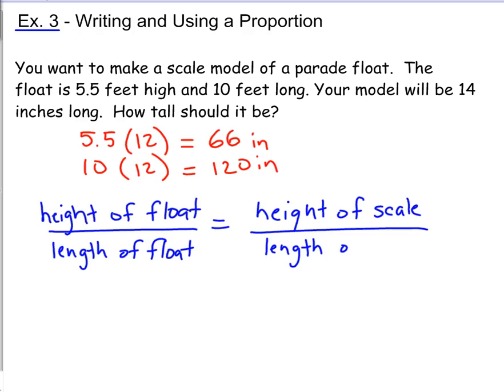So notice that on the bottom of both of these fractions we have length, and on the top we have height and height. So you could set up this proportion in another way. There's multiple ways to solve this problem. So this is just the way that we're going to do it here.